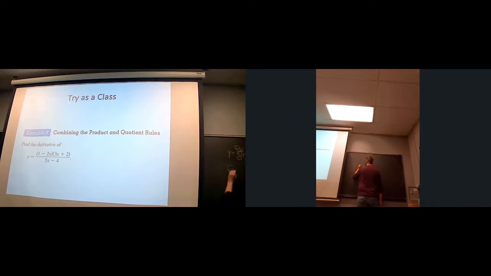F of x is going to be equal to 1 minus 2x, that quantity times the quantity 3x plus 2, right? G of x is going to be equal to 5x minus 4.